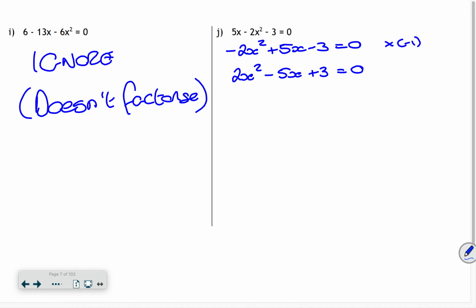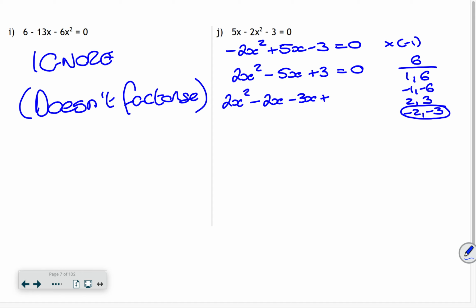So that will factorise. So 2 times 3 would be 6. So let's have a look and see. That's going to be 1 and 6, minus 1 and minus 6, 2 and 3, minus 2 and minus 3. And the combination that works is going to be minus 2 and minus 3. So that will be 2x squared minus 2x minus 3x plus 3 is equal to 0.